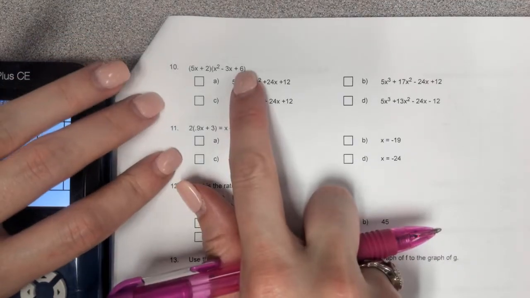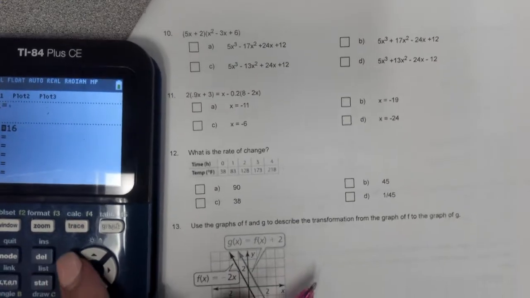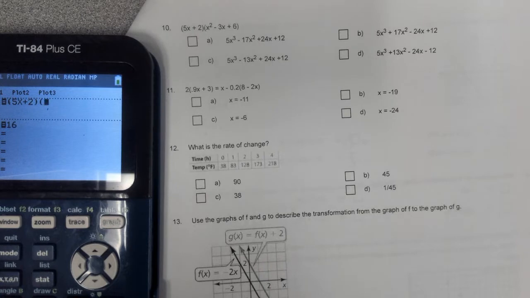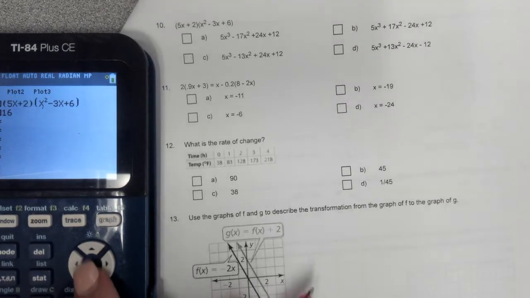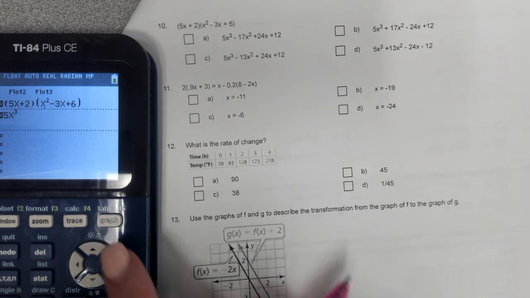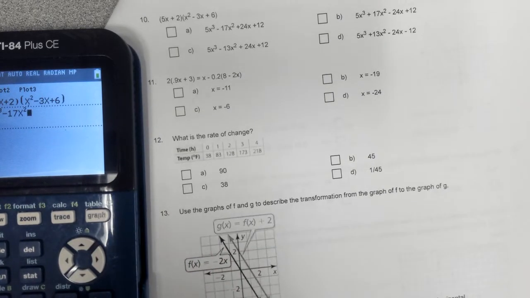All right, they want us to multiply. But guys, you can do this in your calculator if you wanted to. In y1, they're telling us (5x + 2)(x² - 3x + 6), and they're asking for another way to write it. So let's see, 5x³ - 17x² + 24x + 12.